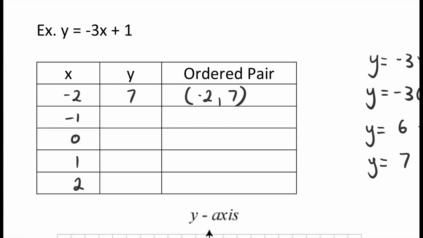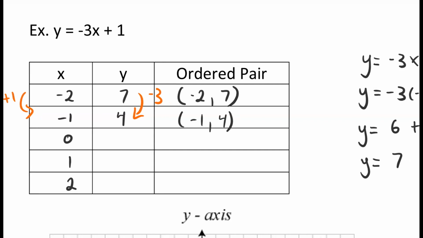Back over to our table of values, negative 1 got us a y value of 4. So what was our change here? Well, we set this one up as plus 1. This was a change of negative 3. So it went down by 3 here.